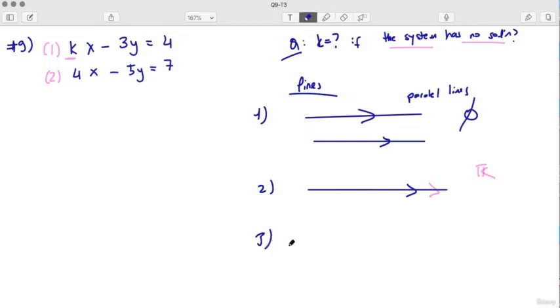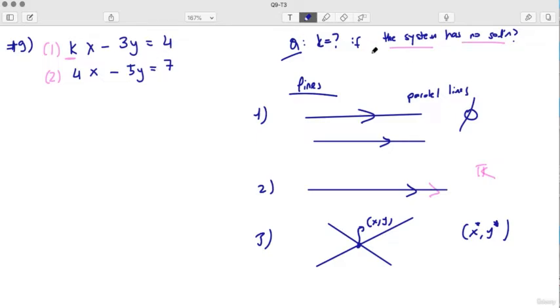And the third case is when the lines just cross at one point, some point xy, and the solution would be just that single point. So these are the three scenarios for two lines and how they can coexist.